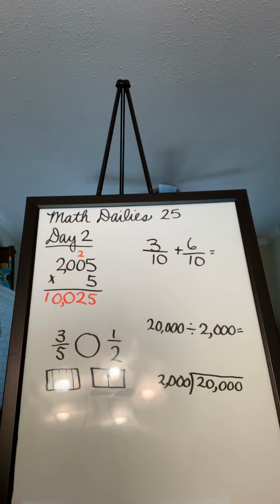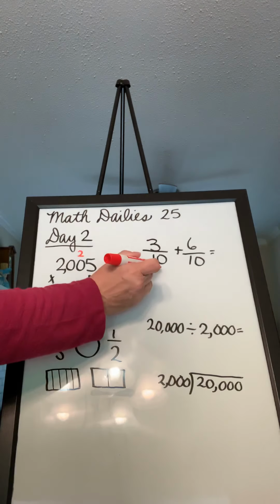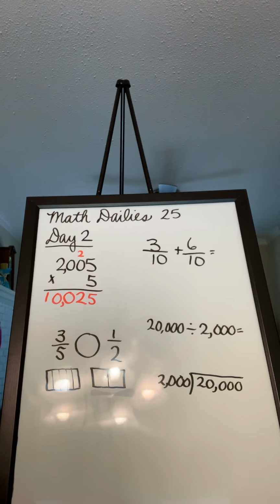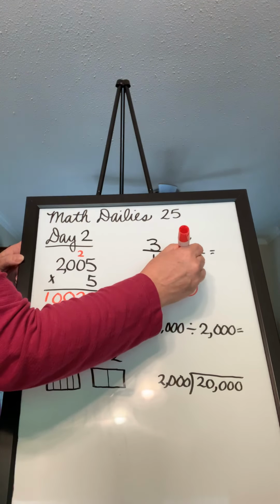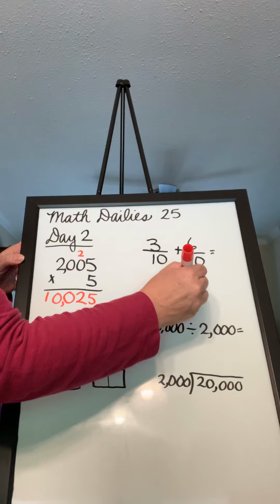All right, next in box 2, we have 3/10 plus 6/10 because Ross ate 3/10 of a pumpkin pie, and Brady ate 6/10 of the same pie. How much of the pie did Ross and Brady eat together? Well, we just imagine our pie cut into 10 pieces.